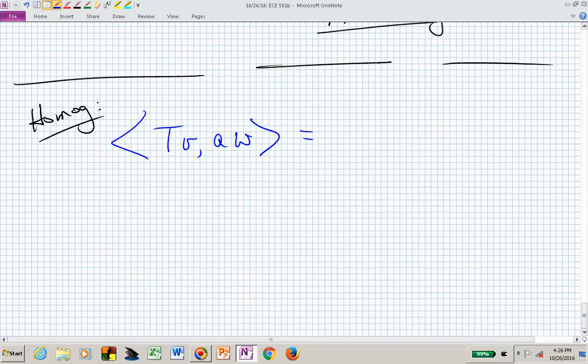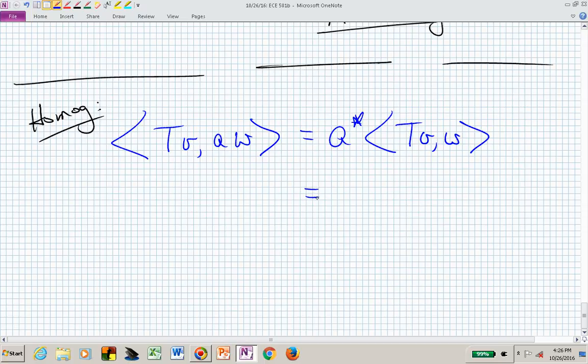Now I have the conjugation of that scalar. So I have the conjugate homogeneity of the second slot, as I've said before. That's now the conjugate of a, times TV inner product with W.